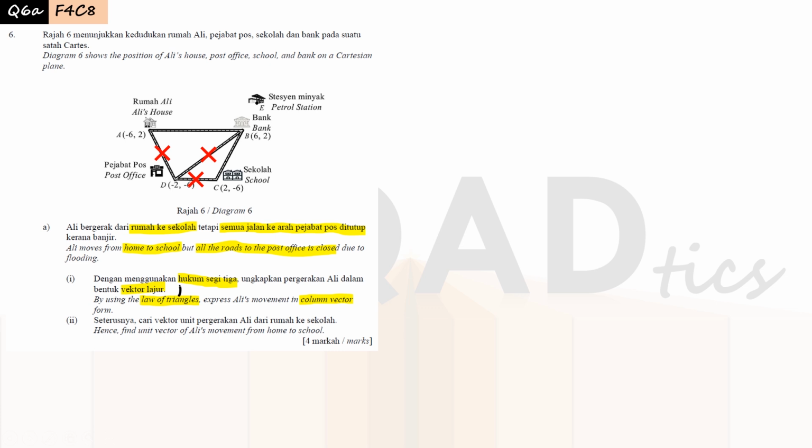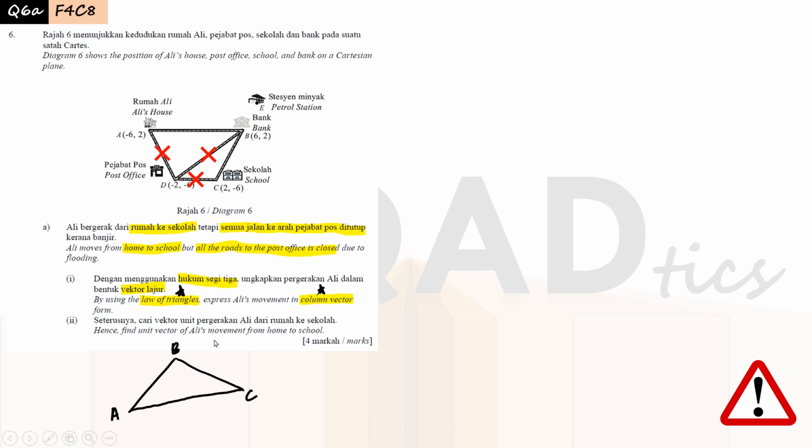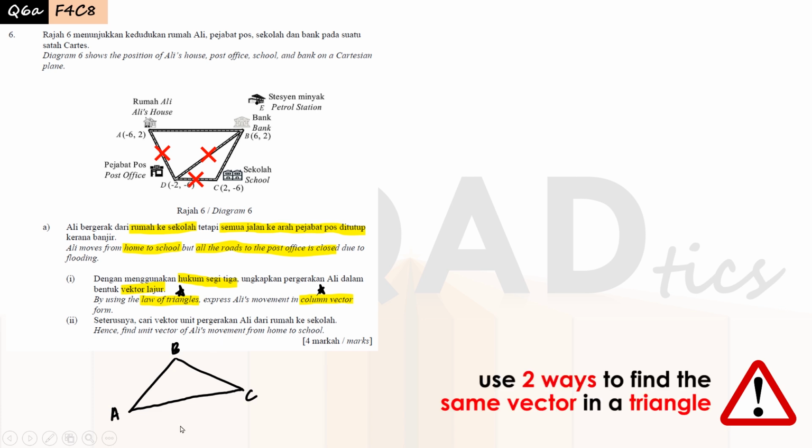Okay, so let me explain what these two mean. For laws of triangle, we can use two ways to find the same vector. Let's say we are finding the vector to go from A to C. The first way is to go directly from A to C, which is this vector, AC.